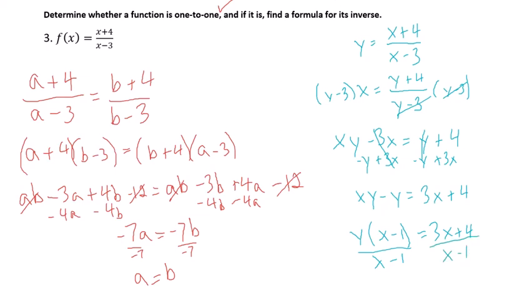And you get y equals 3x plus 4 over x minus 1, which of course you need to change to f inverse of x is equal to 3x plus 4 over x minus 1. All right, let's look at another example.